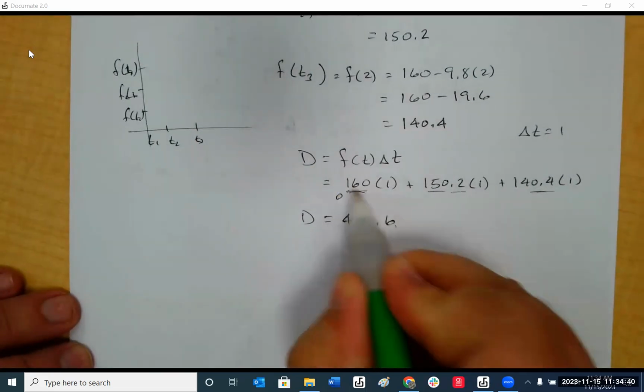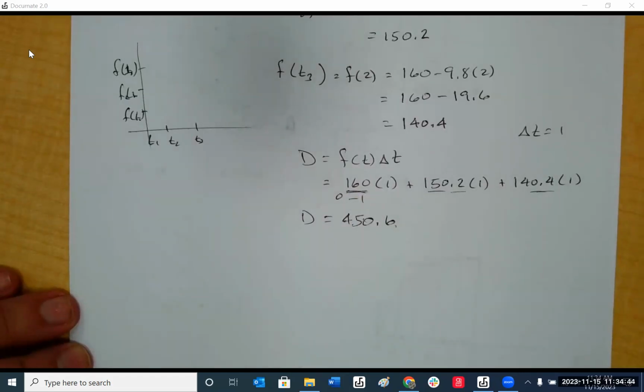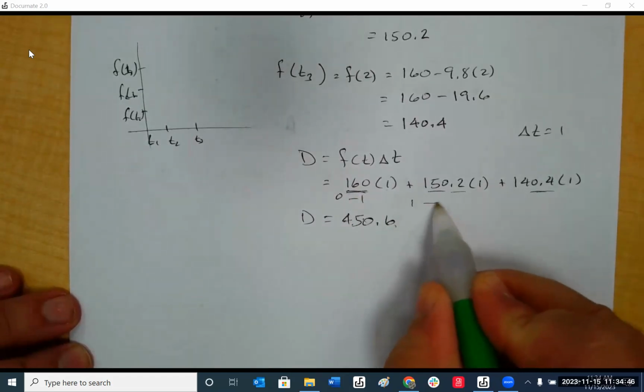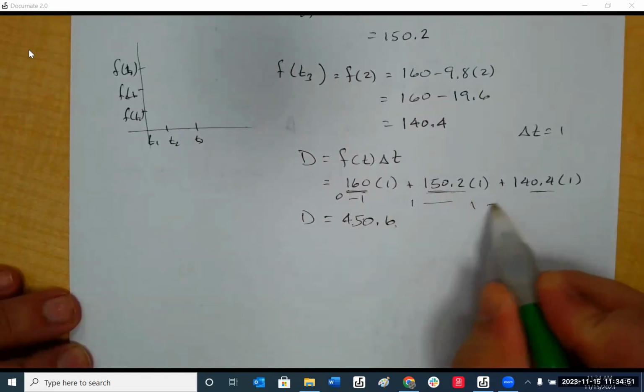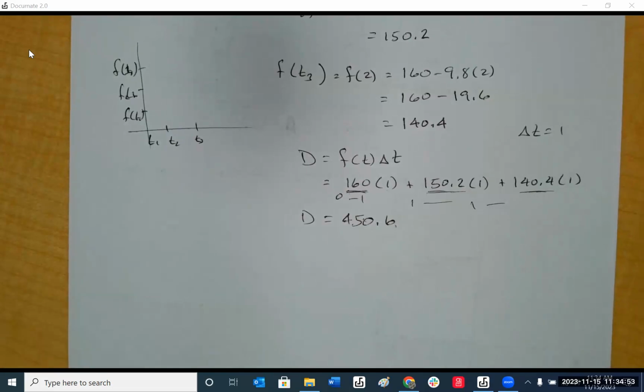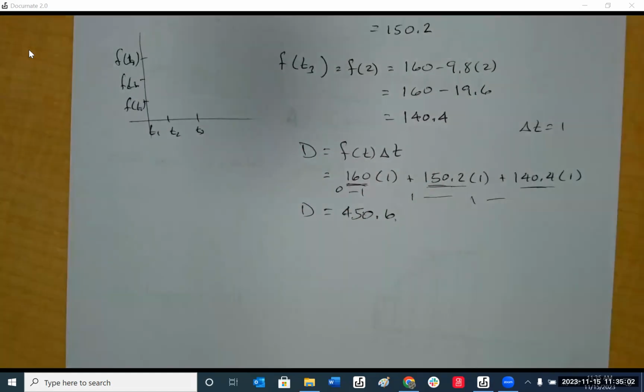From 0 to 1, we move 160 meters. Then from 1 to 2, we move 152 meters. And then from 2 to 3, we move that in our intervals. Those are subintervals. The partitions would be our delta T's, T1, T2, T3.